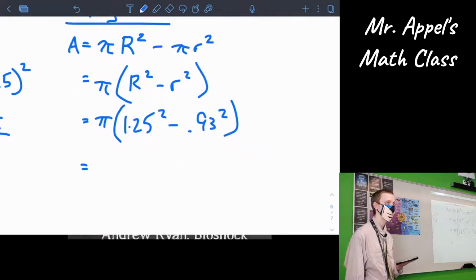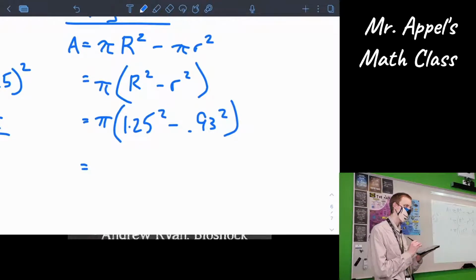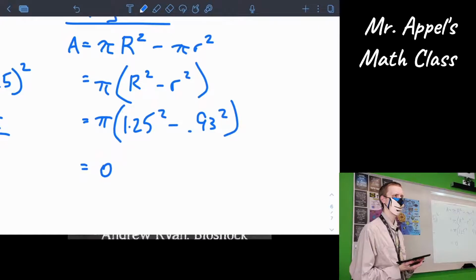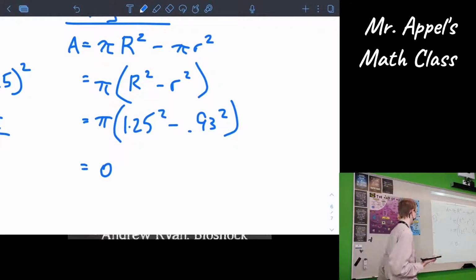What, 0.32? Really? You got 2.19. Those are vastly different numbers. Can I have a third opinion on that? This is 1 and a bit times itself, which is going to be 1 and a smaller bit. And this is less than 1 times itself, which is going to be even less than 1. So I'm expecting something more than 1 minus something less than 1 gives me something definitely less than 1. So that is a pi. Oh, you also included the times pi. Okay, I want it in terms of pi for now.